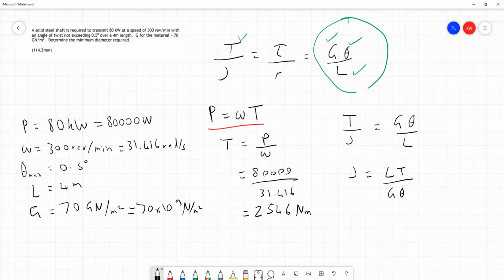But to get degrees into radians, what we have to remember is that there are 2 pi radians in 360 degrees. So once round the circle, 2 pi radians or 360 degrees. So we multiply by 2 pi and divide by 360, and that gives us 0.5 degrees as radians.